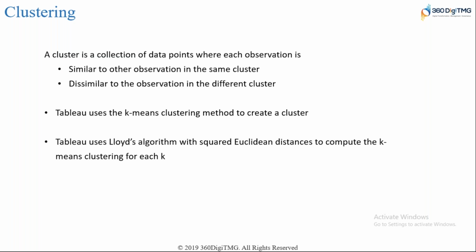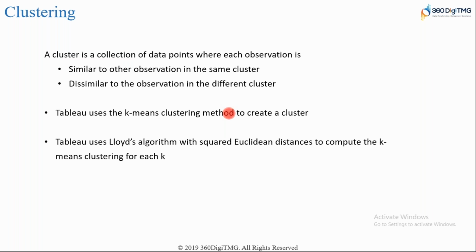Only thing is we will not manually select the data points on the graph and create a cluster. We will leave it to a technique called the k-means clustering method. Tableau has an inbuilt feature for clustering, which is called the k-means clustering method. So for the visual group that we created, what did we do there?